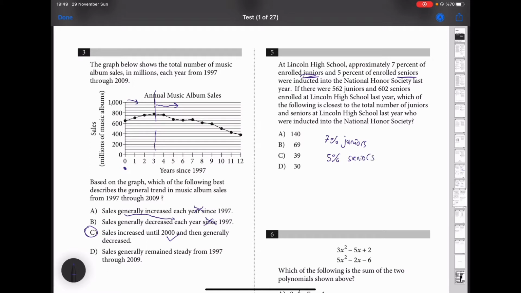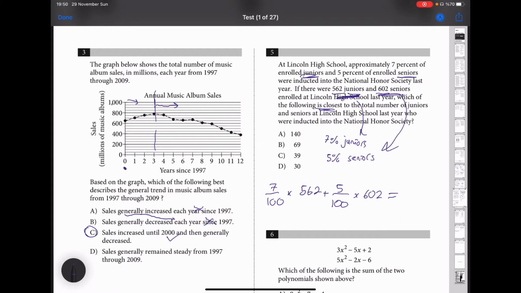So we know the number of juniors and seniors, so we can find the total number by multiplying 7 divided by 100 to 562 plus 5 divided by 100 times 602 seniors. So it is asking which one is the closest.